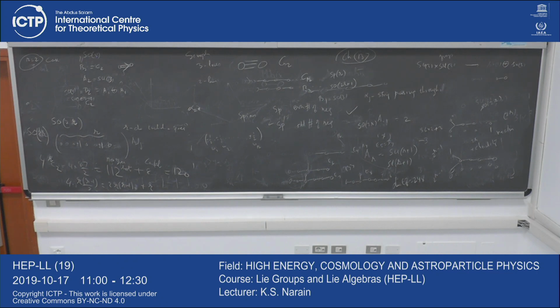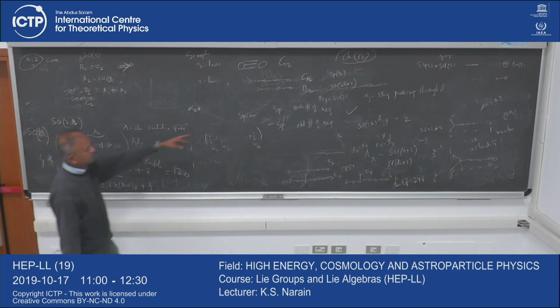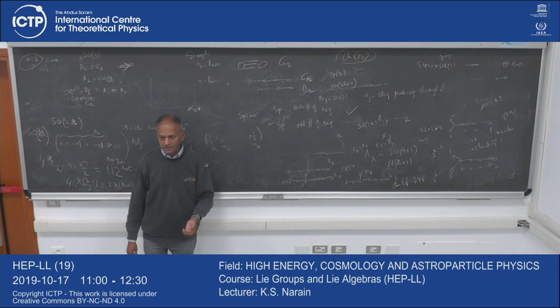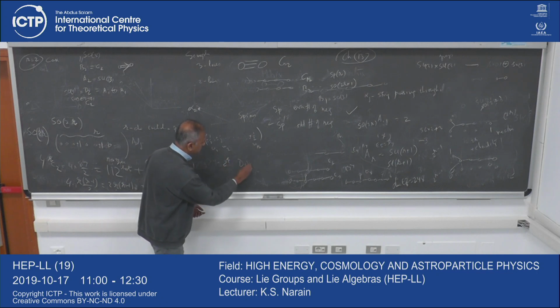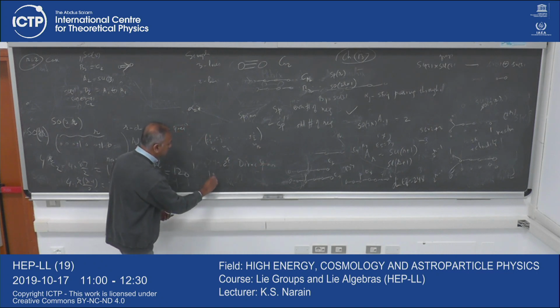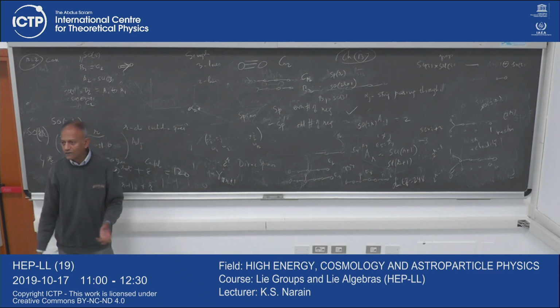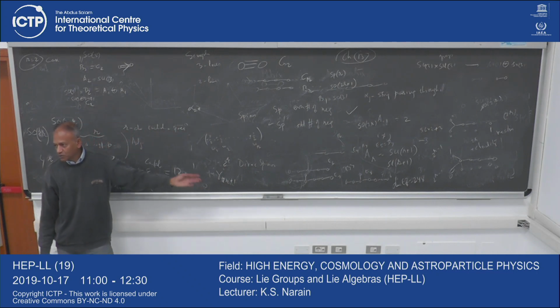If you have no restriction, then you have a Dirac spinor, both spinor and spinor prime, which is 2 to the R dimensional. But in even dimension, you can define an analog of gamma 5, such that gamma 5 squared is 1.